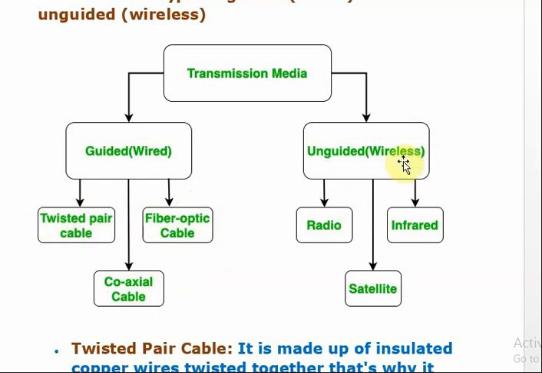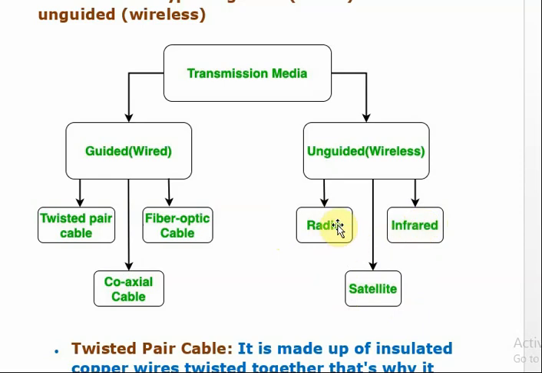Then in wireless you get radio, satellite and infrared. Here we can't separate them like satellite; the best option here, which I have purposely taken, is microwave. So satellite comes under microwave: radio, microwave, infrared.